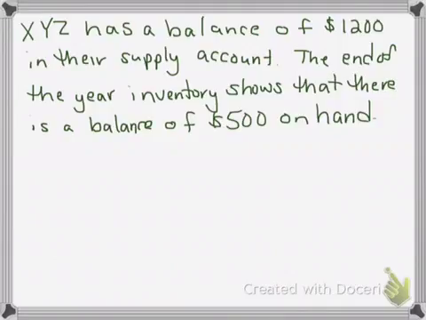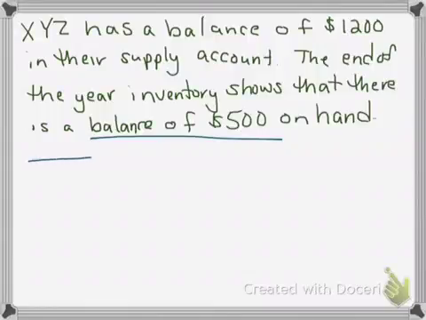The next one that we see is number 3, and it says XYZ has a balance of $1,200 in their supply account. The end of the year inventory shows that there is a $500 balance on hand. So you see here we're given a balance, right? Now, the number that we're looking at, that $1,200, can come straight off of our trial balance. So that's the amount that we have on our trial balance, $1,200.